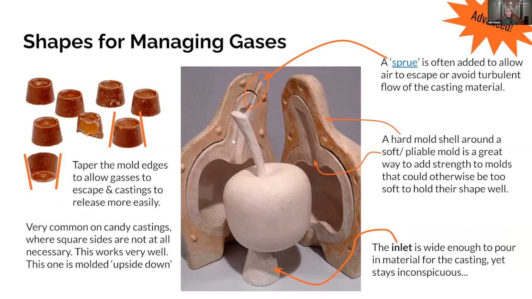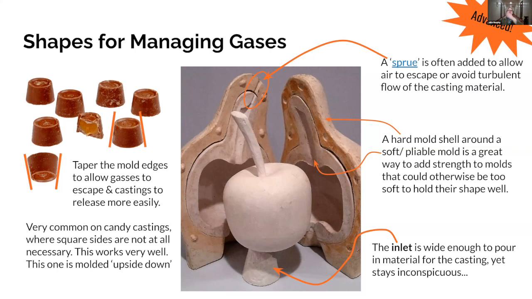So, for managing bubbles, imagine an air pocket in a cave and you're swimming through the cave. If you come to a little pocket where it holds air, you can bob up and you're out of the water. Those little air pockets are the thing that will cause, if you're casting a hand, the tip of the finger not to come out because an air bubble formed there. So you need to manage how the air can get out: you need a way for the material to get in and the air to get out.